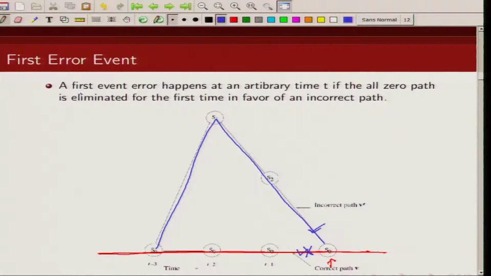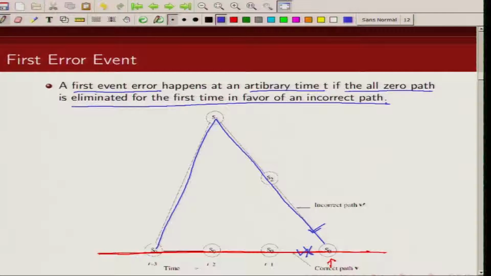So, I say a first event error happens at some arbitrary time t if the all 0 path is eliminated in favor of a non-zero path, which is our incorrect path.